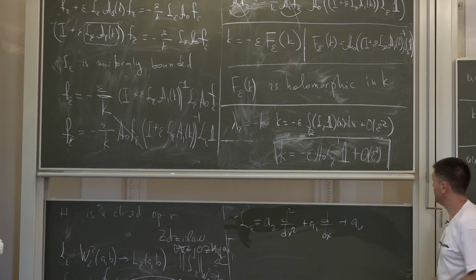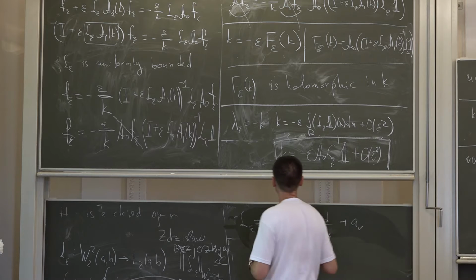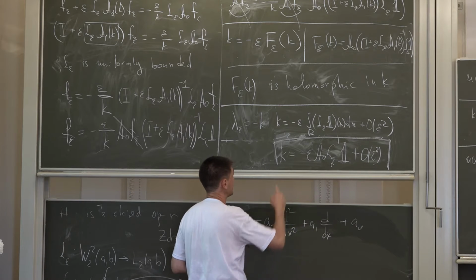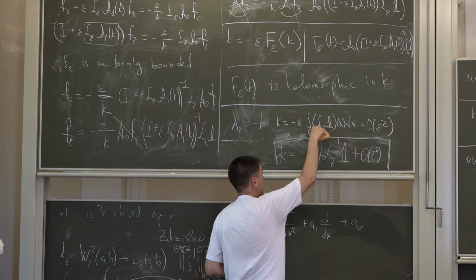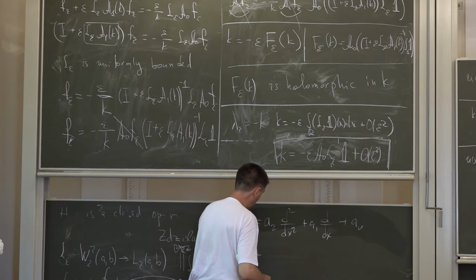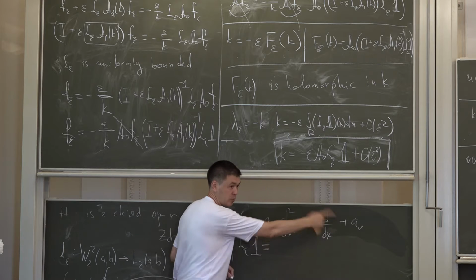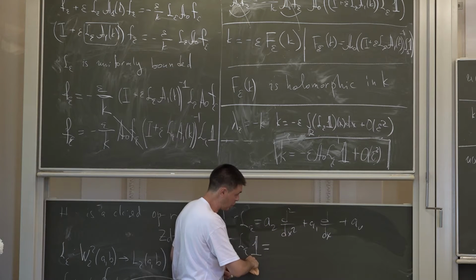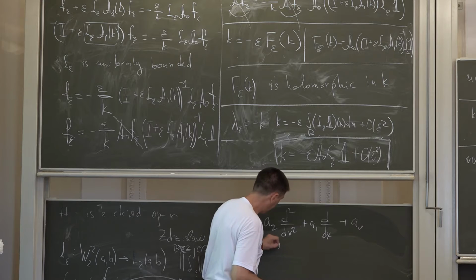So what is the way of dealing with this example? Just act by this operator on 1. L epsilon on 1 will be, all these terms are not important. When the derivative acts on 1, then it's 0, and we have again a 0.